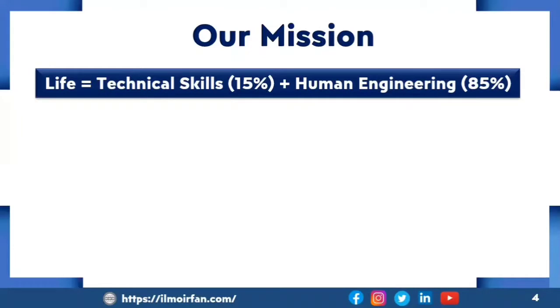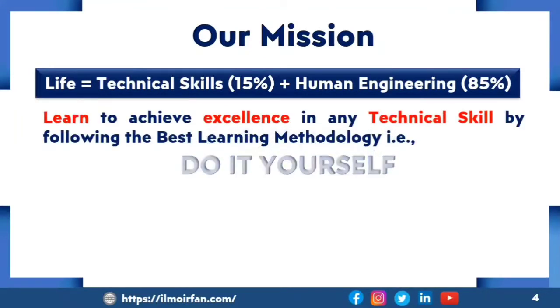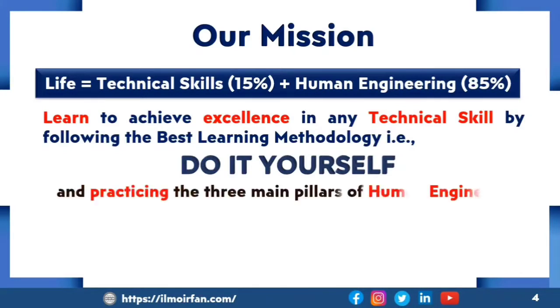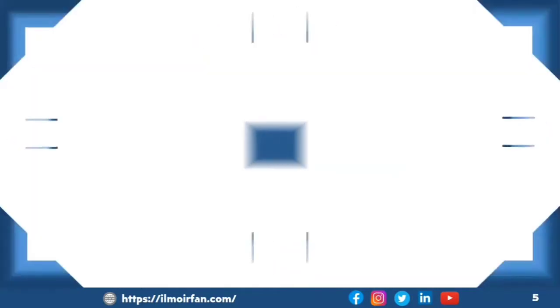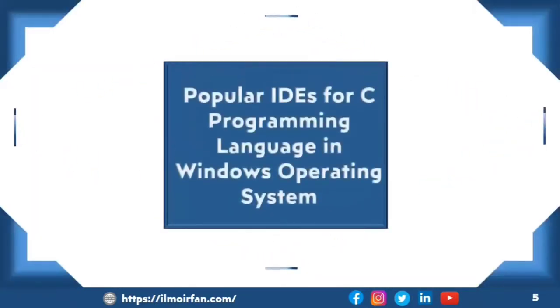Therefore, at Ilmo Irfan Institute, our aim is to achieve excellence in any technical skill by following the best learning methodology, that is, do it yourself, and practicing the three main pillars of human engineering, that are truth, honesty, and justice.